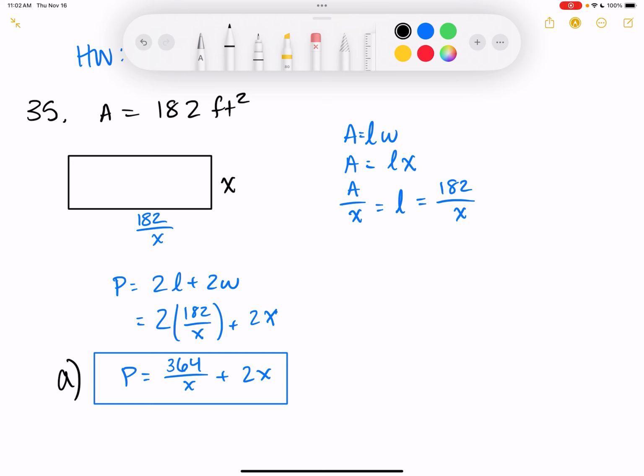It can't be 0, but it also can't be negative, because it's a side length. So I need to use the positive one. Did you get anything to come up on your graph? You have to do zoom fit.